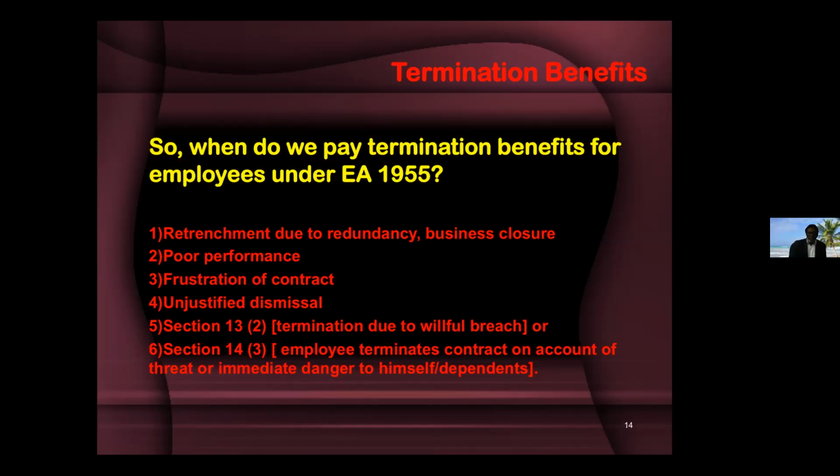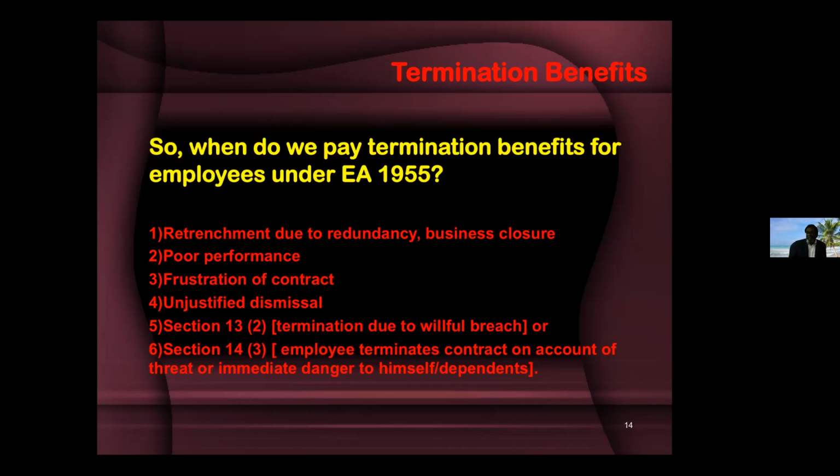And as for your question, does someone passing away amount to a frustration of contract? Yes. Unfortunately, when an employer employs an employee, he expects him to live for a long time and to serve each other faithfully throughout a long-term career. But unfortunately, sometimes due to unforeseen circumstances, the employee passes away.